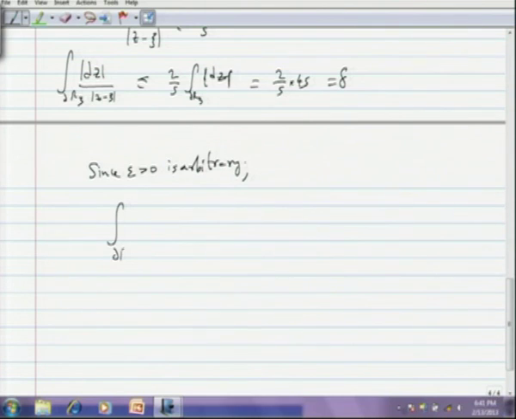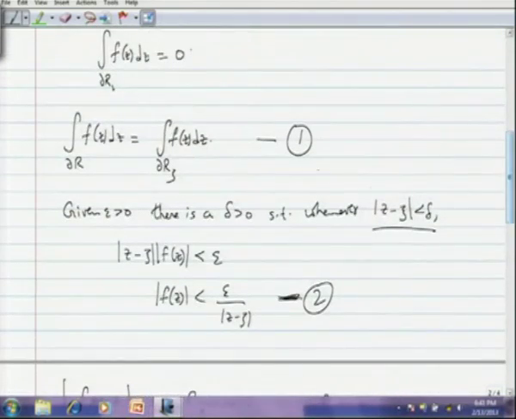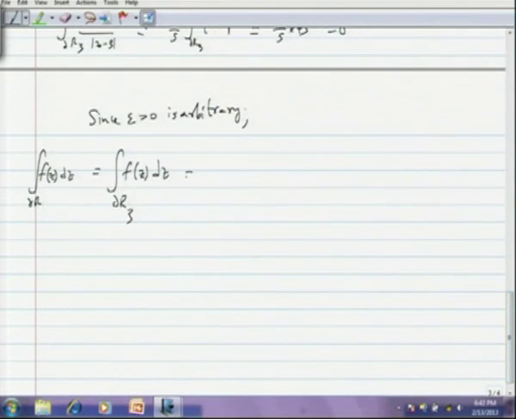So, the integration over the boundary of R of f of z dz, which is equal to the integration over the boundary of R zeta by equation 1 here, is equal to 0. So, that proves the contention. With this I will stop this lecture here.